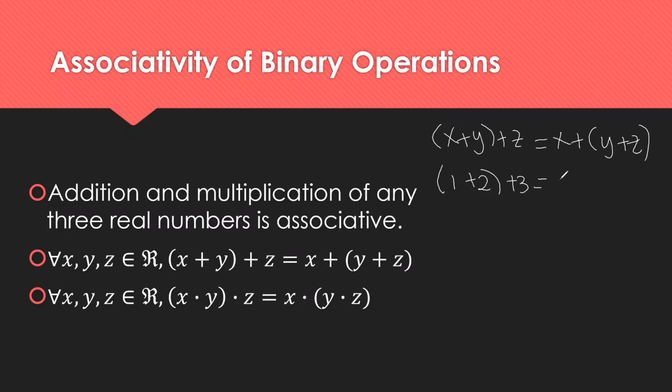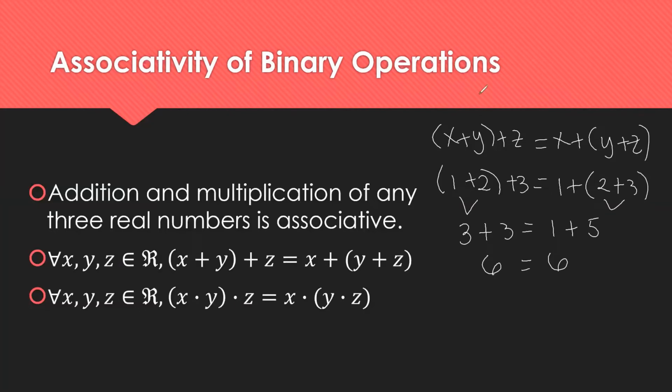So we have 1 plus 2 plus 3. Following PEMDAS, perform the operation inside the parentheses first. 1 plus 2 is 3, plus 3. So 2 plus 3 is 5. 3 plus 3 is 6 and 1 plus 5 is 6. So that is the associative property.